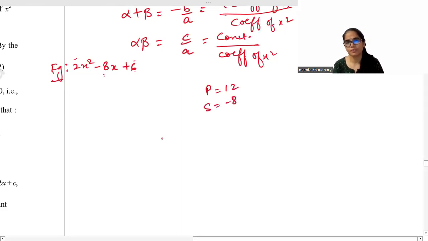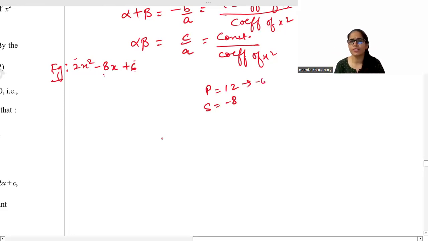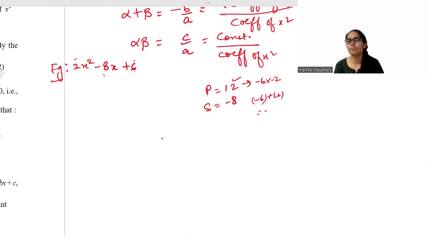The sum is negative and the product is positive. Product positive means both numbers will have the same sign, either negative, negative or positive, positive. So if I take minus 6 into minus 2, I will get 12, and if I add minus 6 and minus 2, I will get minus 8.